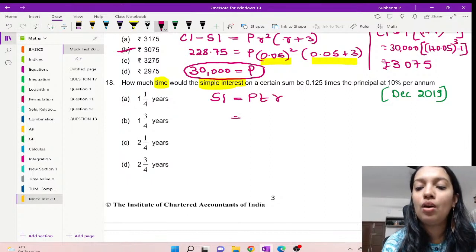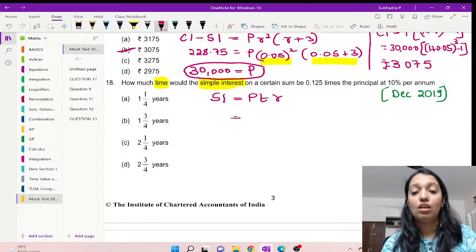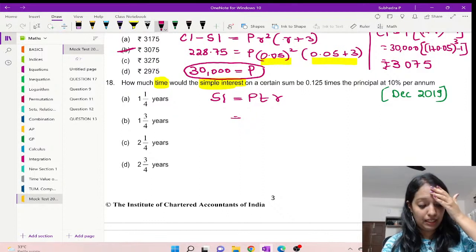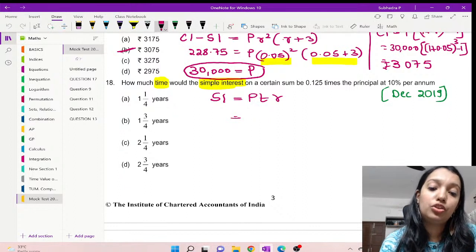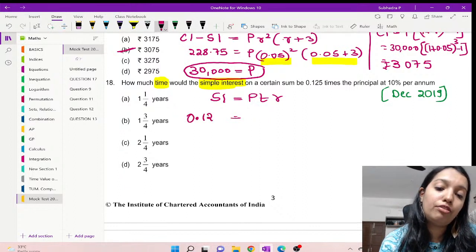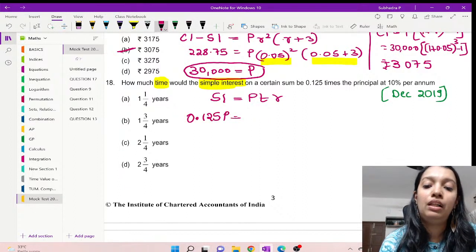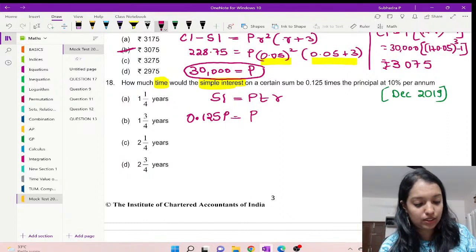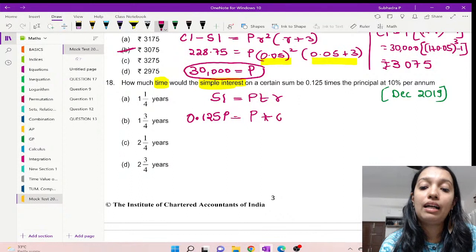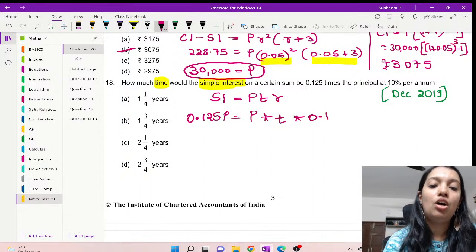So this will be, what is P? Simple interest on a certain sum is 0.125 times the principal. So simple interest is 0.125 times the principal. That is equal to P into T. Have they given T to you in this question? No. R have they given to you in this question? Yes. T into R is 10%. What will I do?